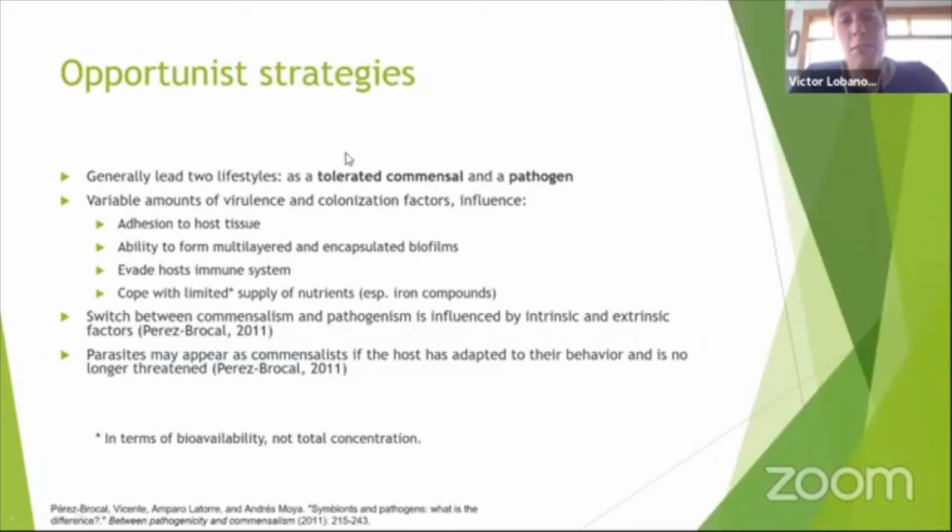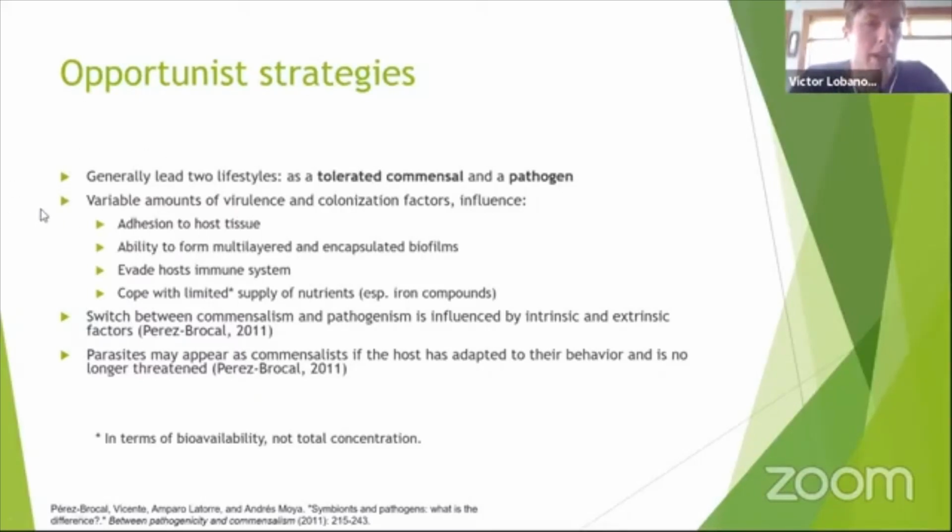Opportunists can be tolerated commensal organisms, meaning that they're engaging with the rhizosphere. They're even a benefit to plants. But if that plant shows some weakness, then they can colonize and become a pathogen or virulent.